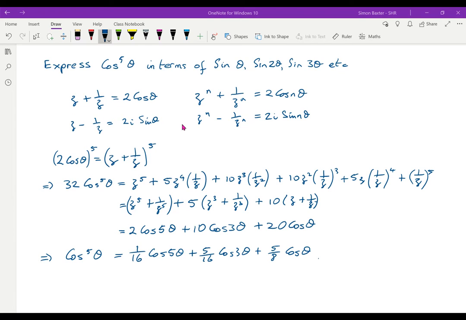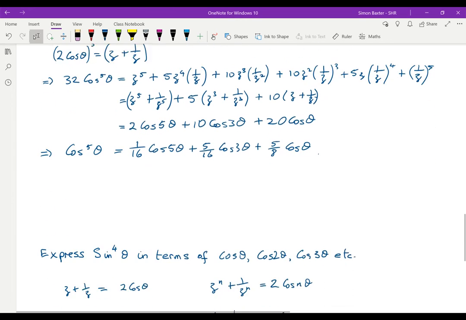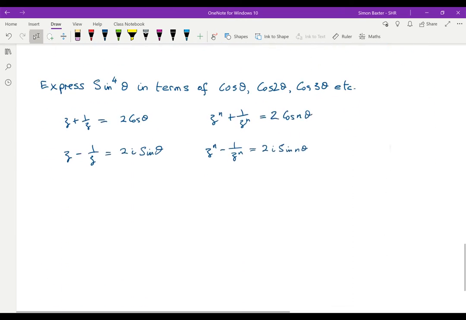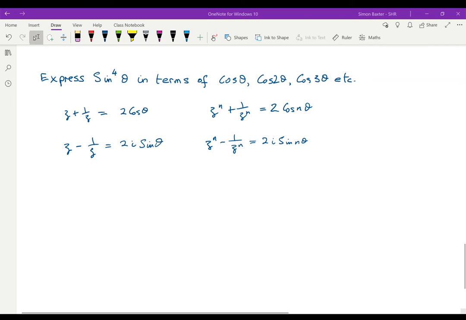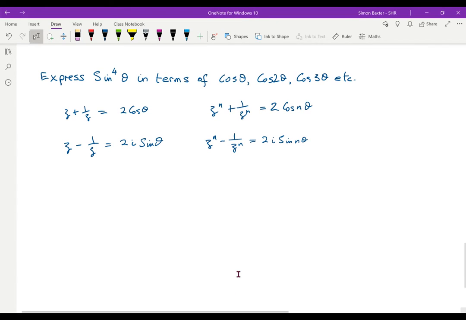Another example coming up. Okay. Express sine to the 4 theta in terms of cos 1 theta, cos 2 theta, cos 3 theta. Same sort of idea.